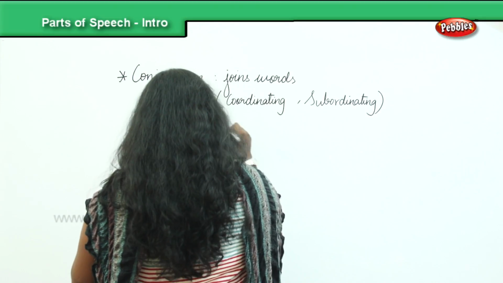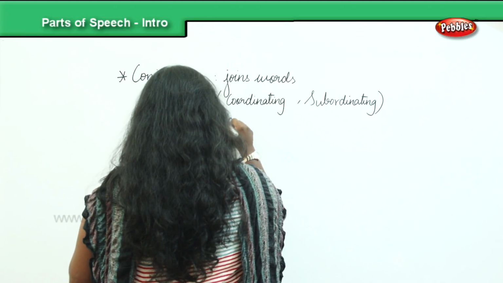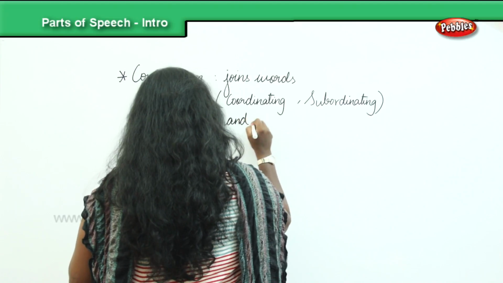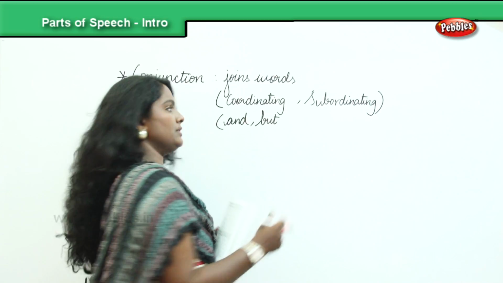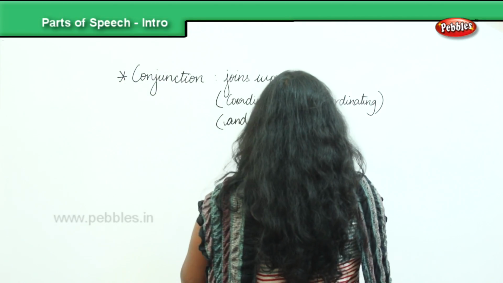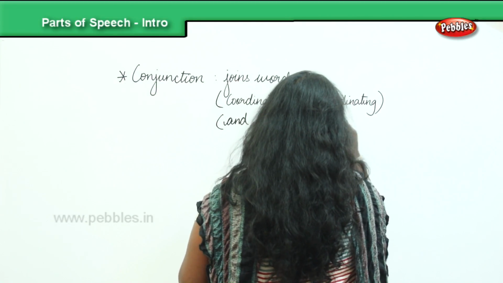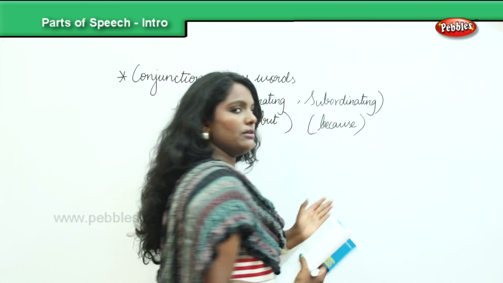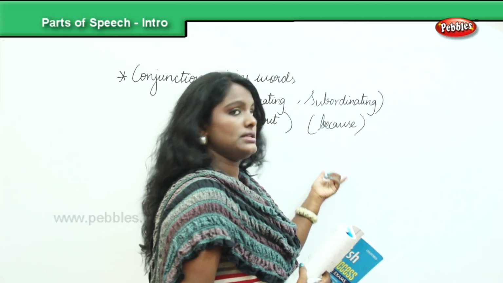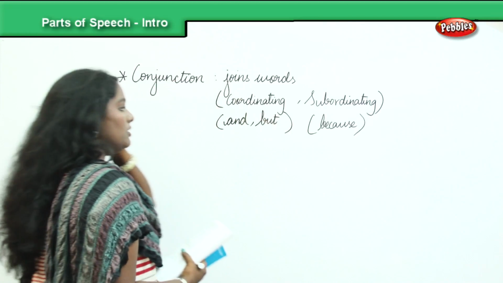For a coordinating conjunction, my example is and, but. For a subordinating conjunction, because. You need to give the reason for the sentence, followed by another sentence with this subordinating conjunction.